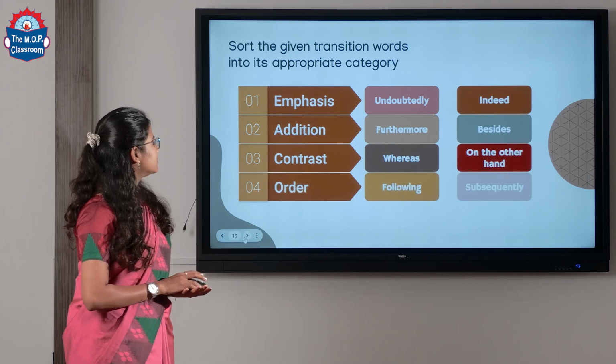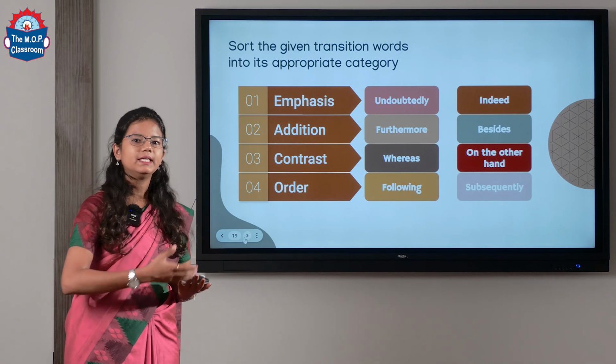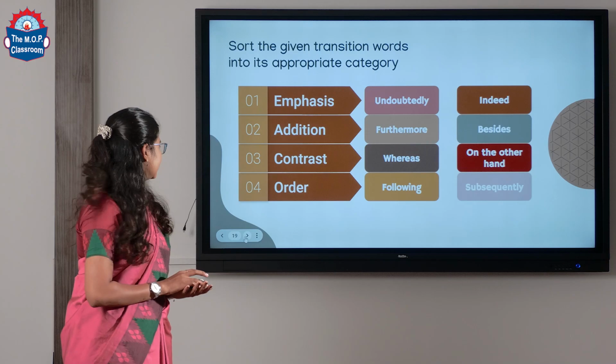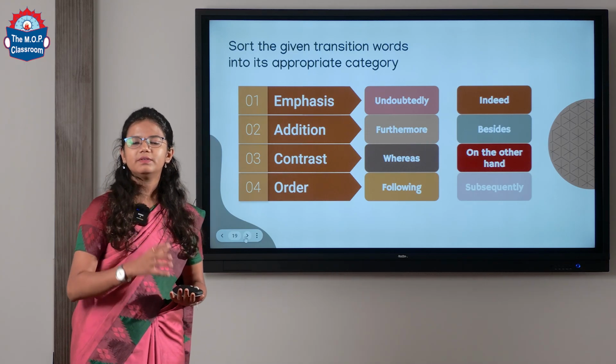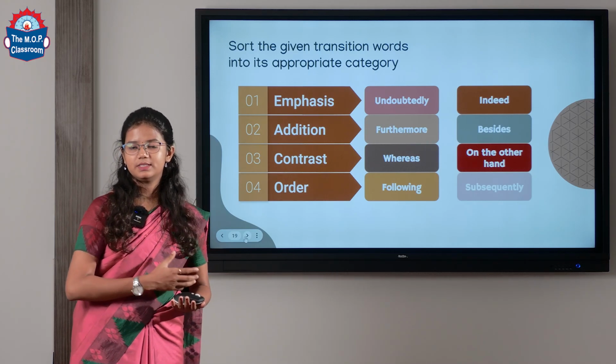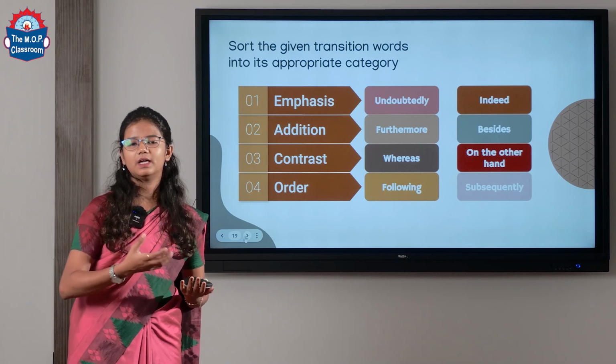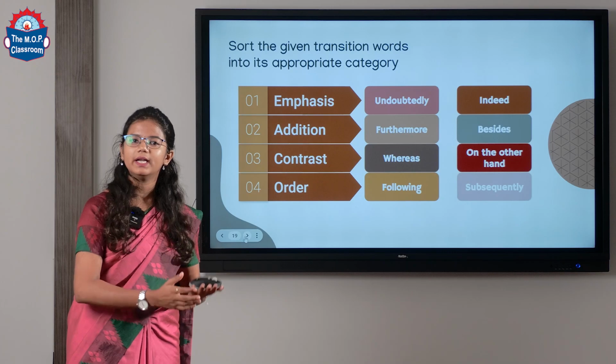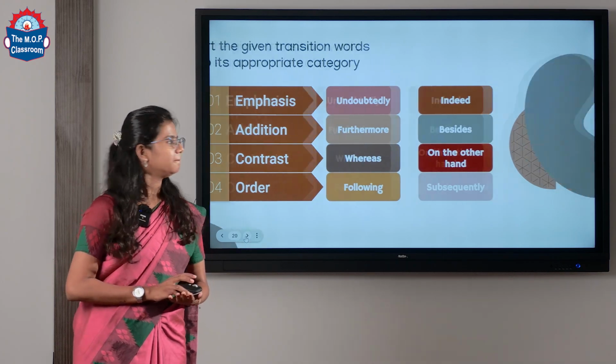Then words such as following, subsequently, in lieu with, all these transition words would fall under the category order. So, whenever you are using these transition words, it will help you to create a smooth flow between one sentence or one idea to another.